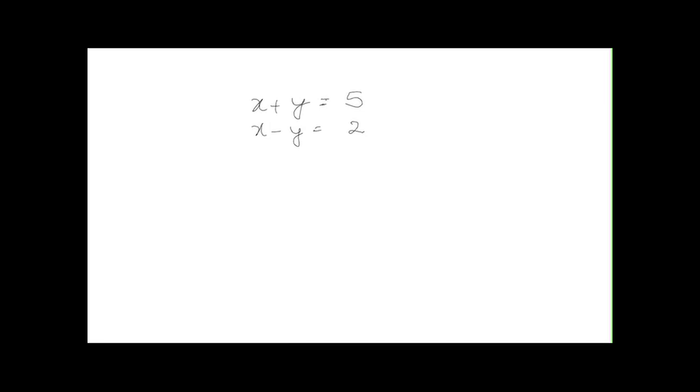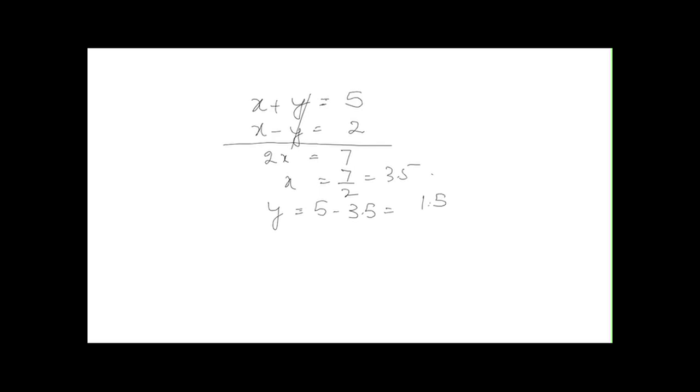But if I say x plus y equal to 5, x minus y equal to 2, then if I add the two equations, I'll get 2x equal to 7, x equal to 7 by 2, that is 3.5. Then y will be 5 minus 3.5, that will be 1.5.